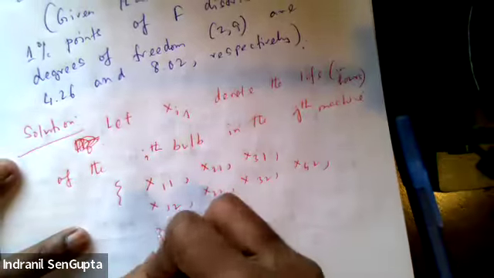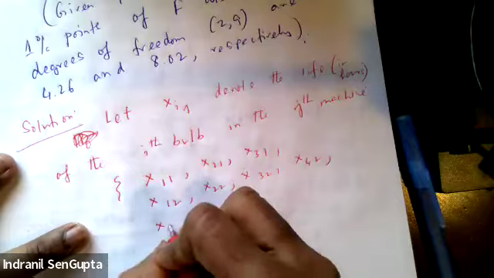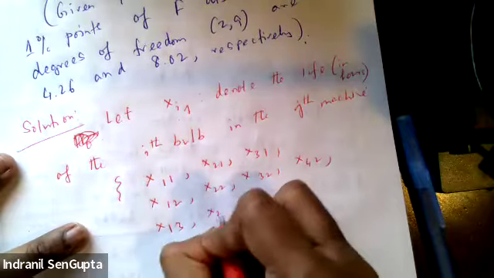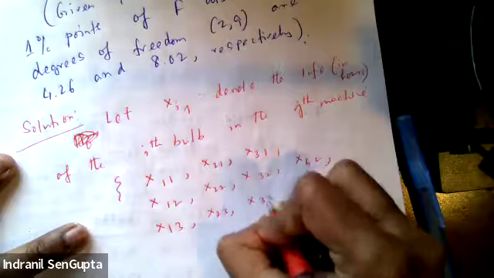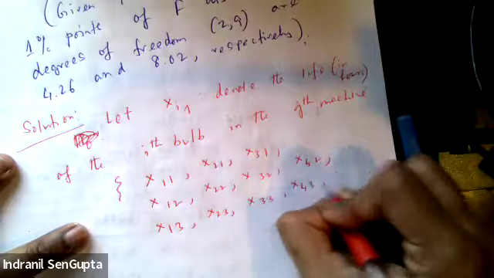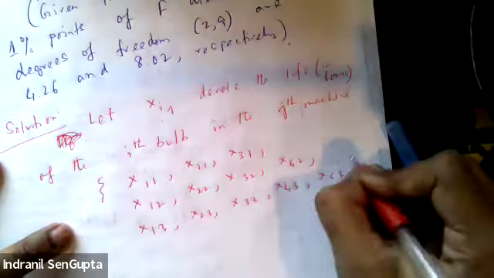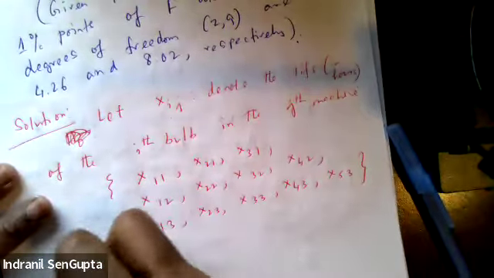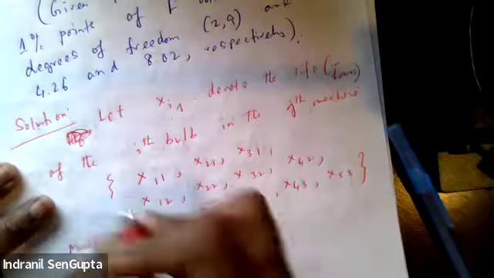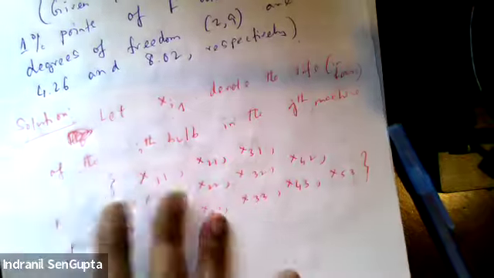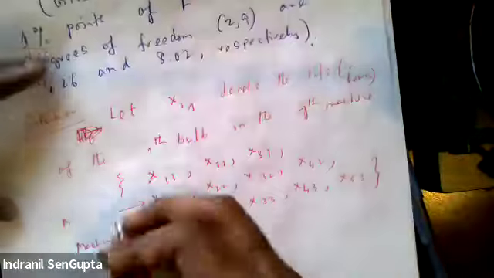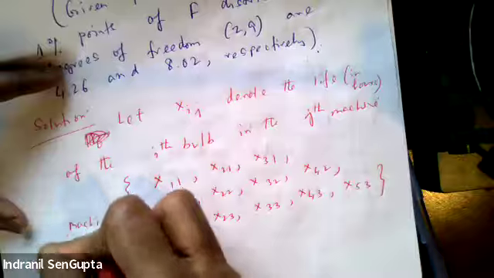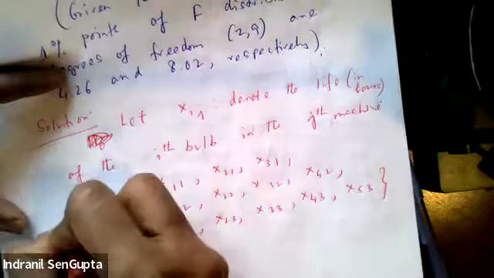And for machine 3, we have X13, X23, X33, X43, X53. Let's use Roman numerals here: I, II, III. So this is for machine 2, and this is for machine 1.